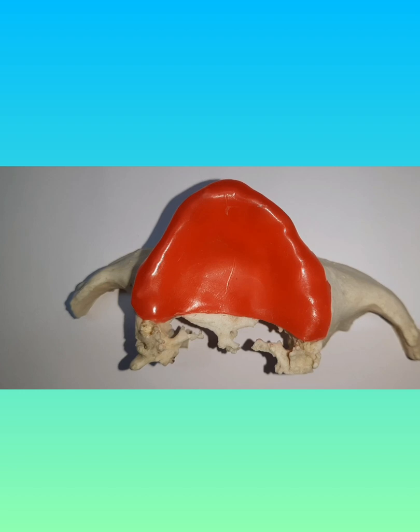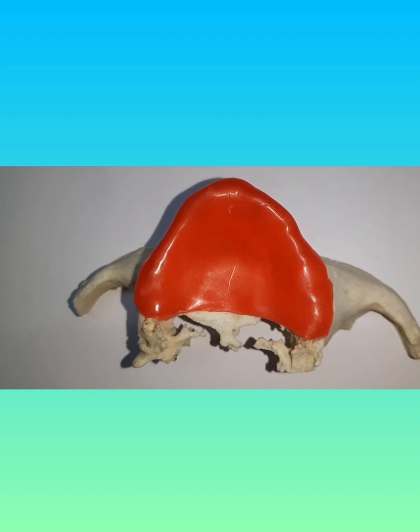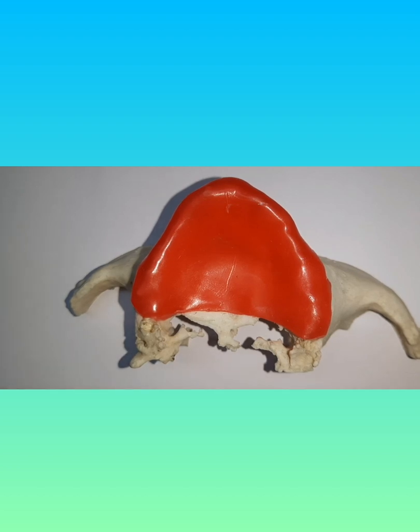But the acquired defects can be because of trauma. They can be post-surgical because of, very commonly, oral cancer, squamous cell carcinoma, or other types of defect in the palate. So in those cases, you need to know about the classification which classifies different types of post-surgical defects.